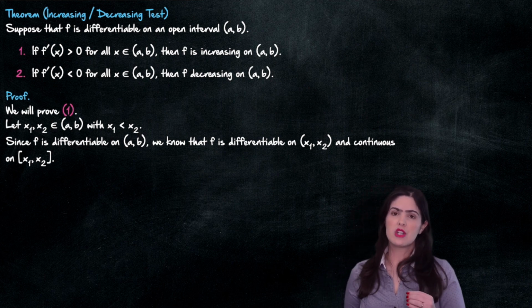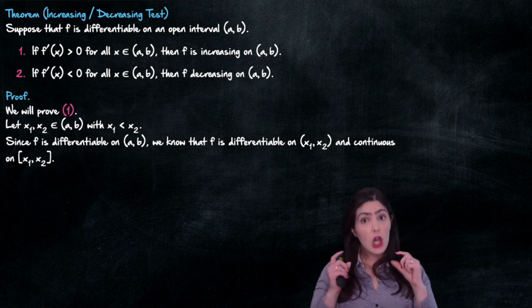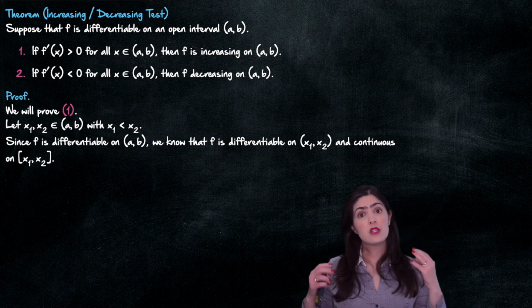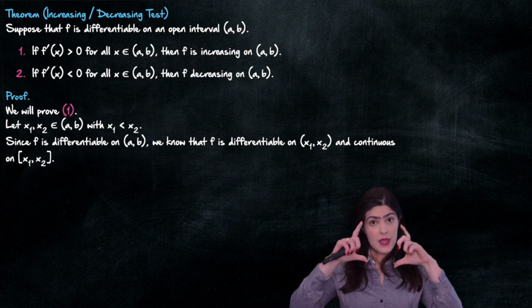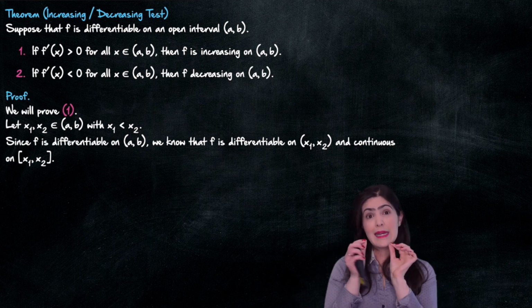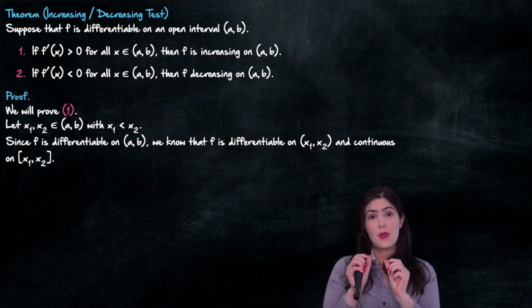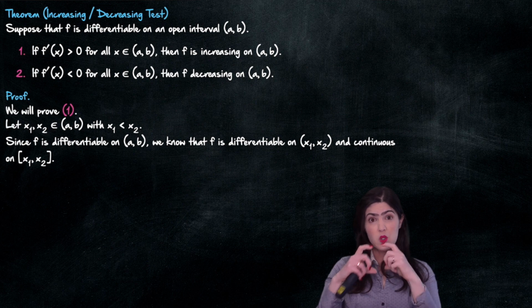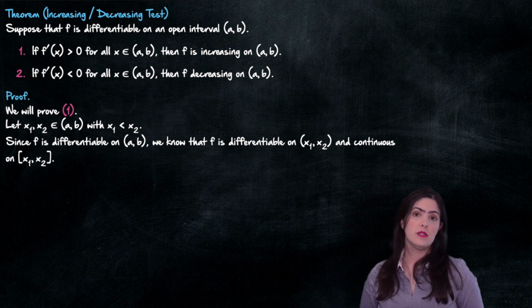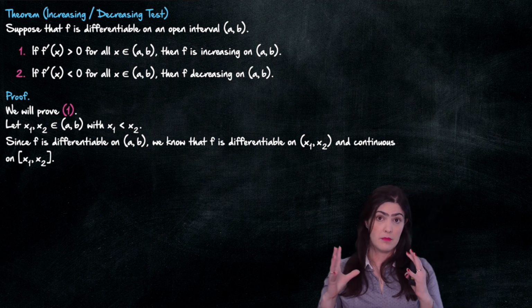And the function is going to be continuous on the closed interval [x1, x2], because my function is differentiable in the open interval (a, b), and [x1, x2] is strictly inside that interval. So the closed interval [x1, x2] is entirely contained inside my interval (a, b).